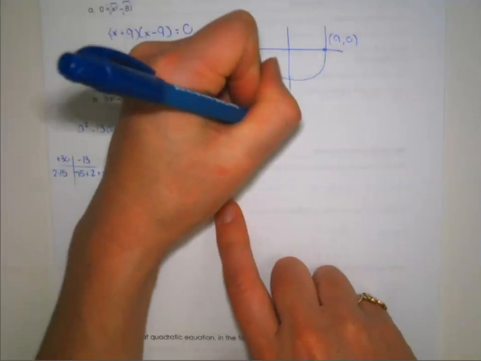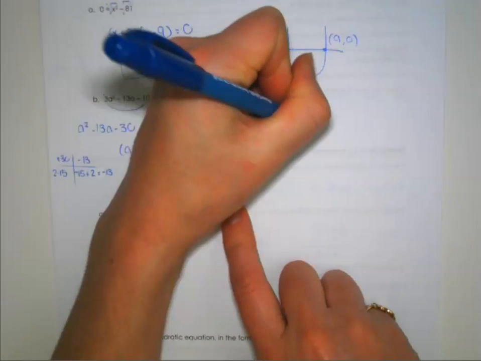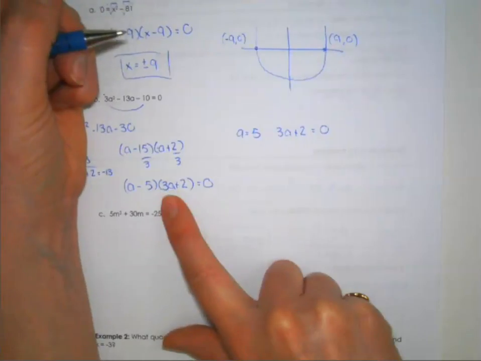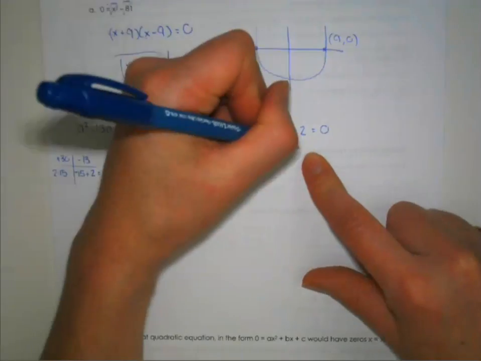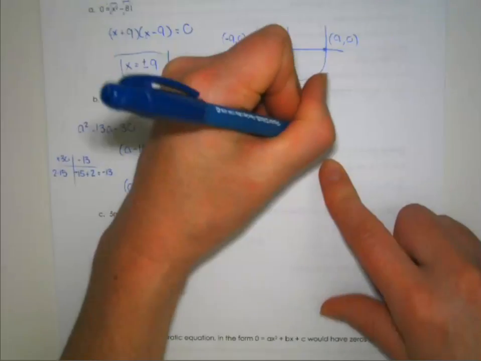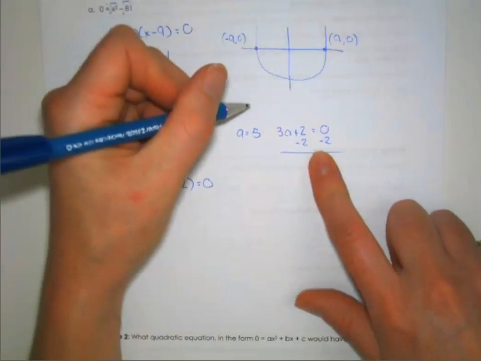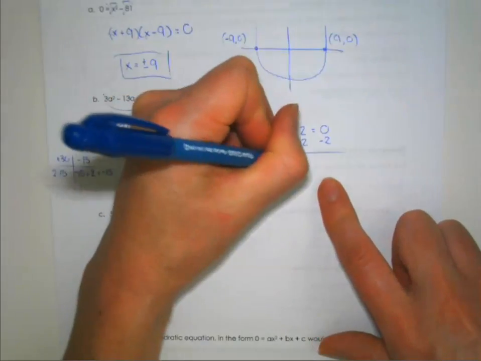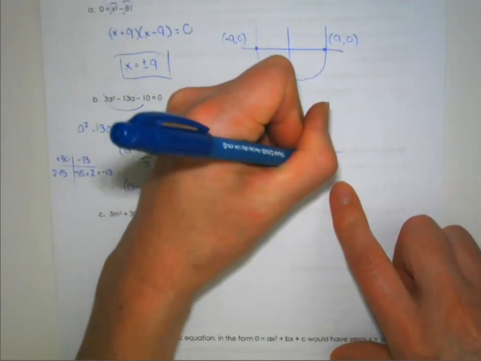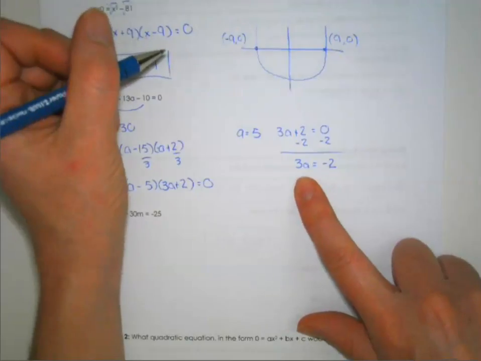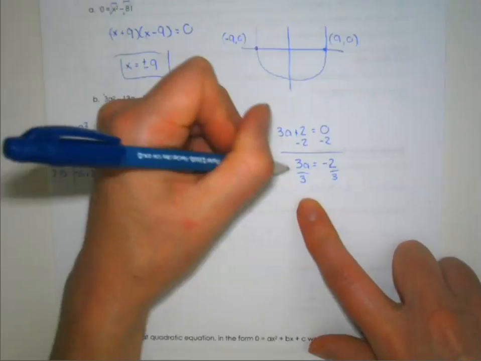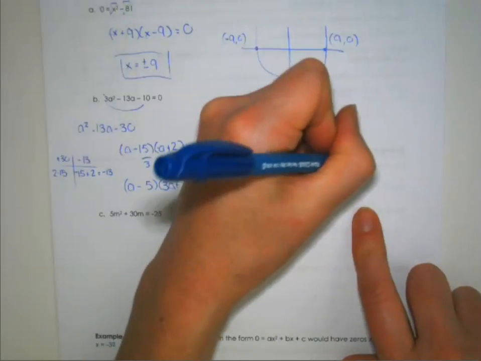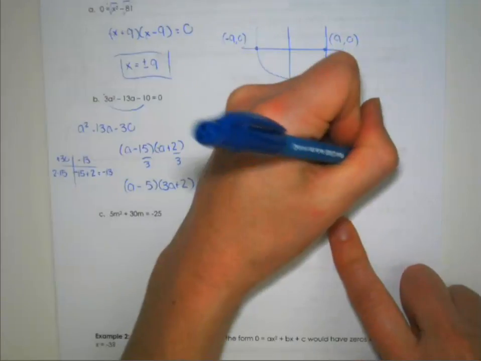So you would say 3a plus 2 equals 0, so that when these two multiply together, we get 0. We just have an extra step. First we subtract off the 2 to work towards isolating our a, so we have 3a equals -2. And then we want to get rid of that 3, so we divide it out. That leaves us with a equal to -2/3.